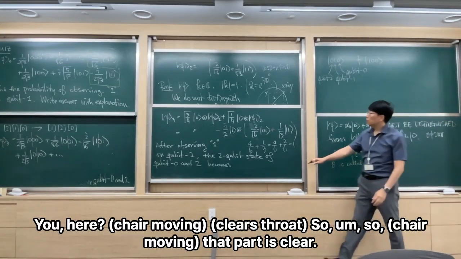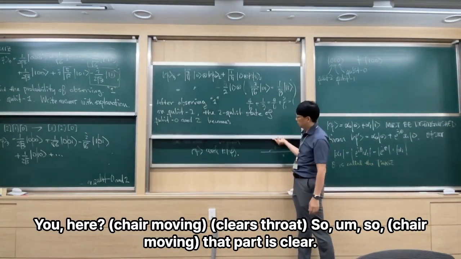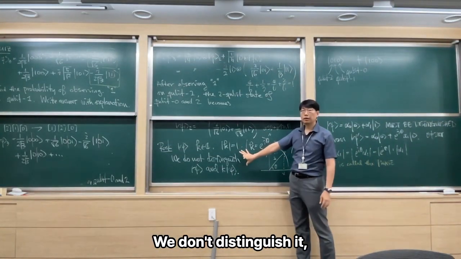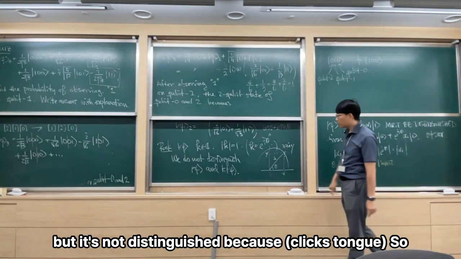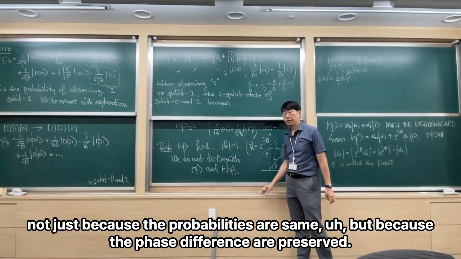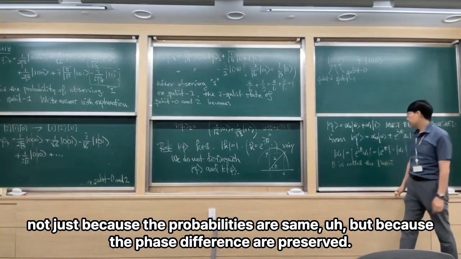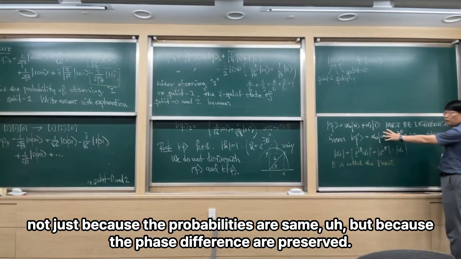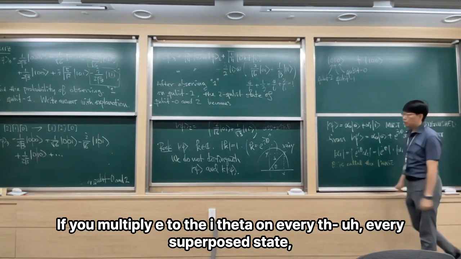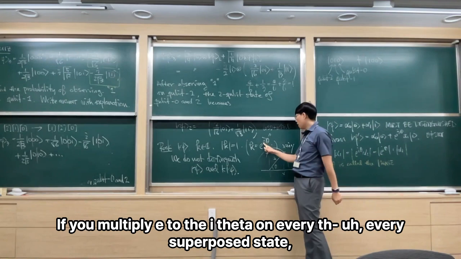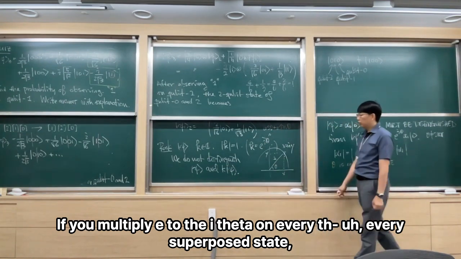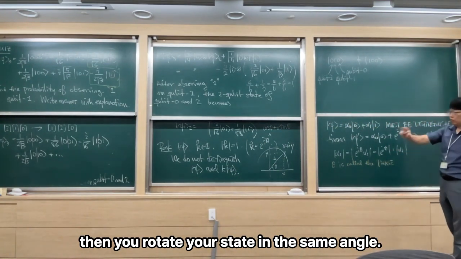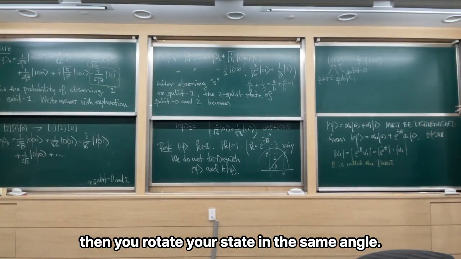So that part is clear. We don't distinguish it, but it's not distinguished not just because the probabilities are the same, but because the phase difference is preserved. If you multiply e to the i theta on every superposed state, then you rotate your state by the same angle.